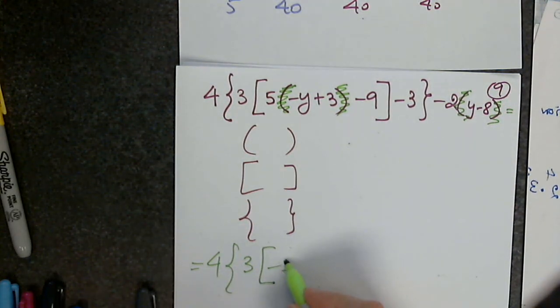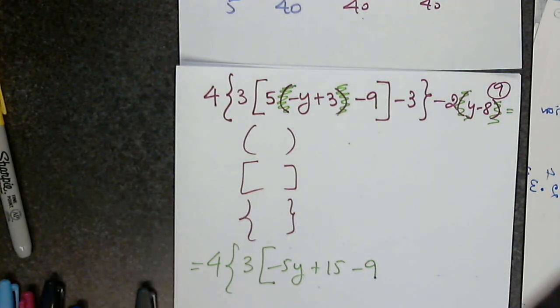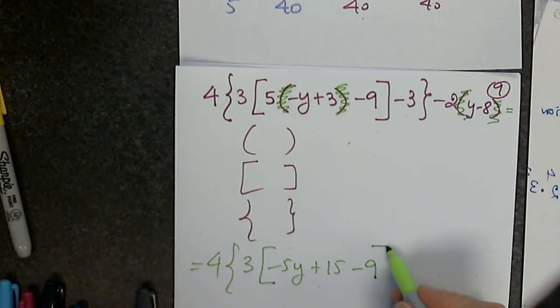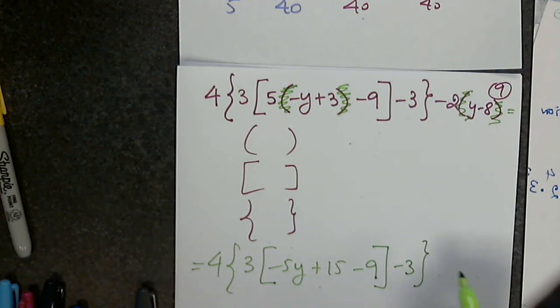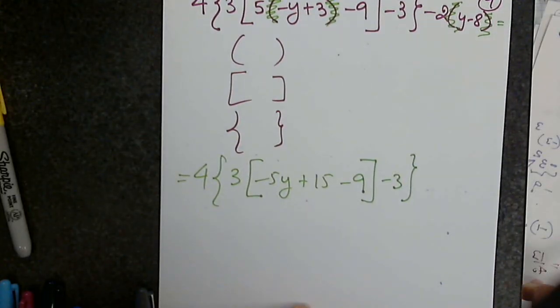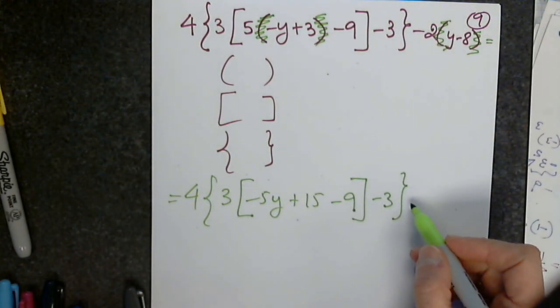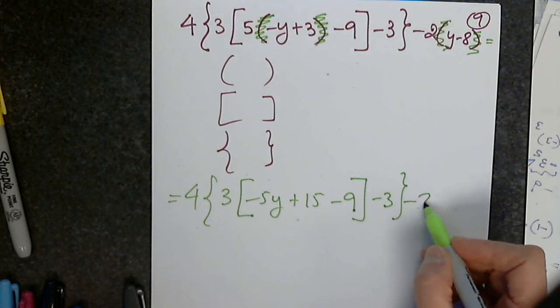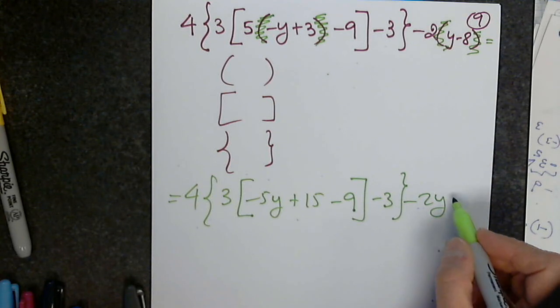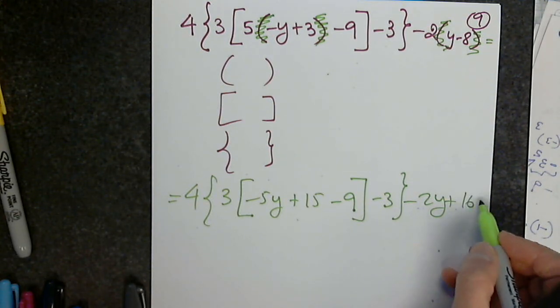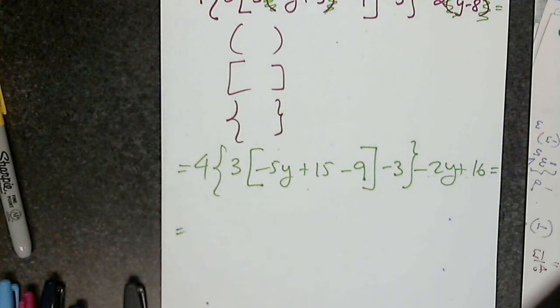Negative 5y plus 15 minus 45. Wait, no, minus 9. Close, minus 3, close. Now I reached here. What do I write next? Negative 2y plus 16. Awesome. Good. Where is my next step?